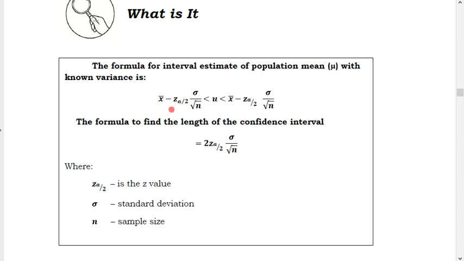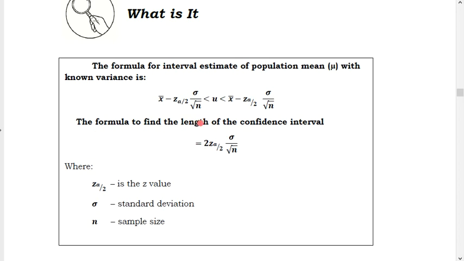Sample mean minus z sub a over 2 multiplied by the standard deviation over the square root of n, less than the population mean, is less than the sample mean plus z sub a over 2 multiplied by the standard deviation over the square root of n. Okay, so ito yung formula na yan.